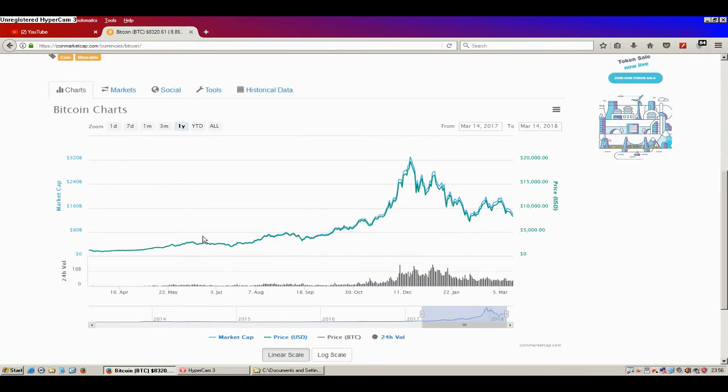On the bigger perspective on a yearly chart, we can clearly see if we draw lines on this one, that the price of Bitcoin has gone up from here to here, so that's an uptrend.